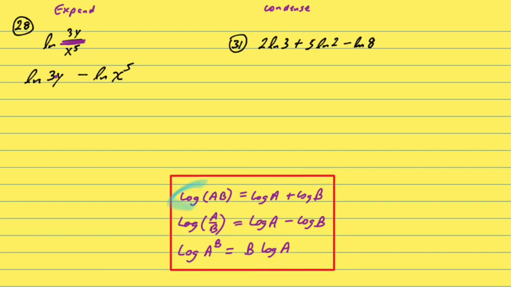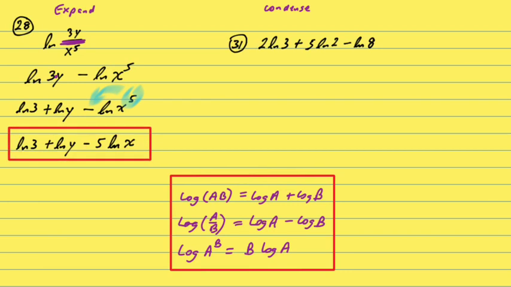That's like a log of A times B. So this could be the log of 3 plus the log of y, because multiplication becomes an addition of logs. There is only one step left, and that is to pull this exponent out front. So it would be minus 5 natural log of x. That would be my expansion.